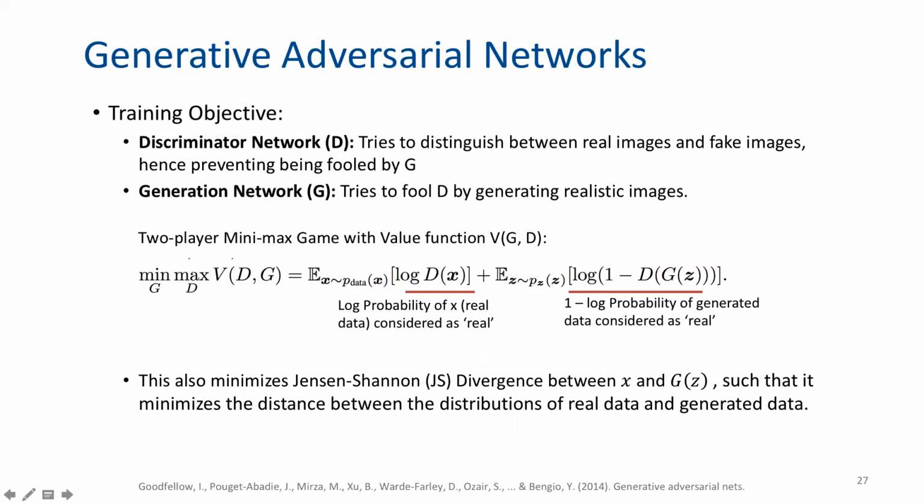You take samples from the data distribution and compute the log of the discriminator output, and then add the term that comes from the synthetic samples, the log of 1 minus the discriminator applied to the generator output. And so this is where the gradients flow. If the discriminator is a differentiable network and the generator is a differentiable network, then those two allow the gradients to propagate.